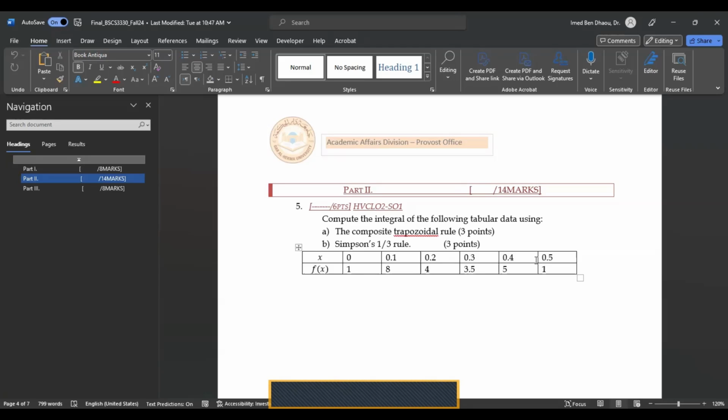Using these values in the formula, we get 0.1/2 times [1 plus 2(8) plus 2(4) plus 2(3.5) plus 2(5) plus 1]. So that's 0.05 times [1 plus 16 plus 8 plus 7 plus 10 plus 1], which is 0.05 times 43. The final result using the composite trapezoidal rule is 2.15. Correct. Yeah, that's what I have also as a result.